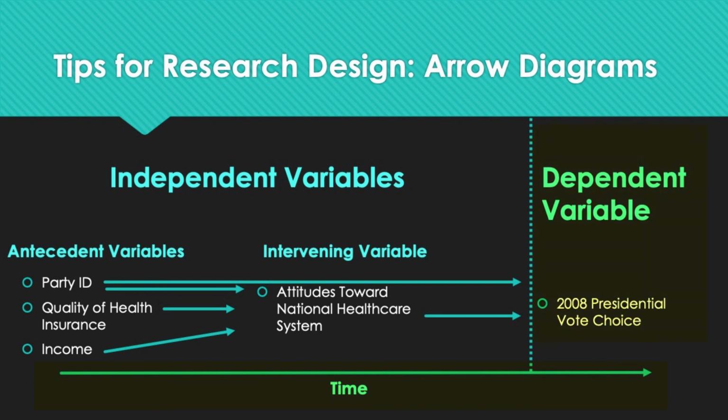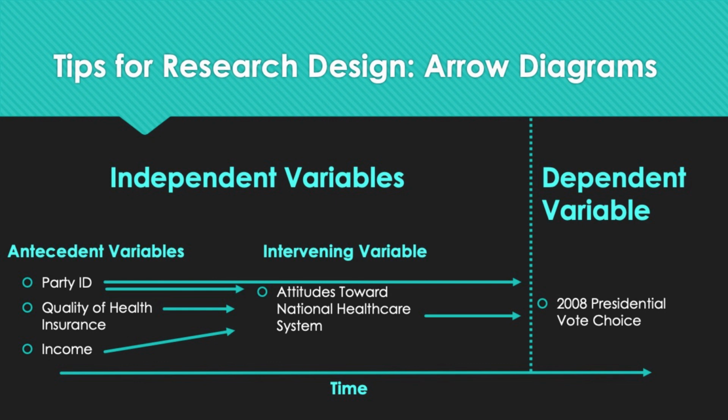And now we want to document how each variable might influence one another. So we know that party ID is formed very early in life, so that's obviously one of our antecedent variables. Partisanship also probably explains our attitudes about universal health care and who we'll vote for, so we can draw lots of arrows there.